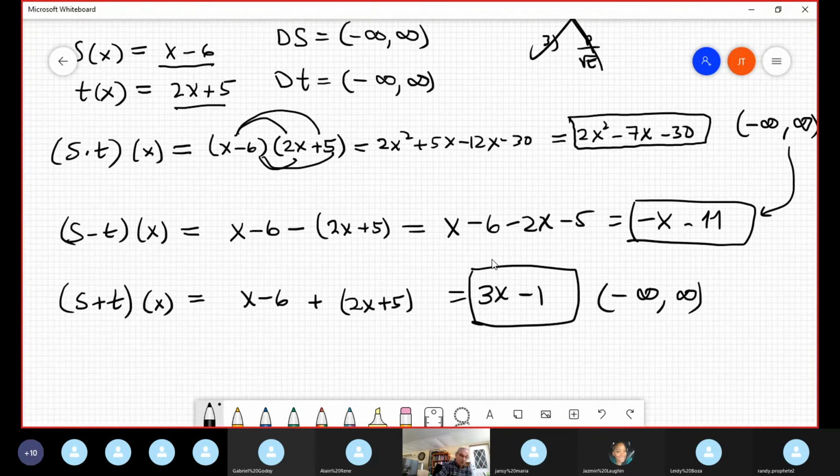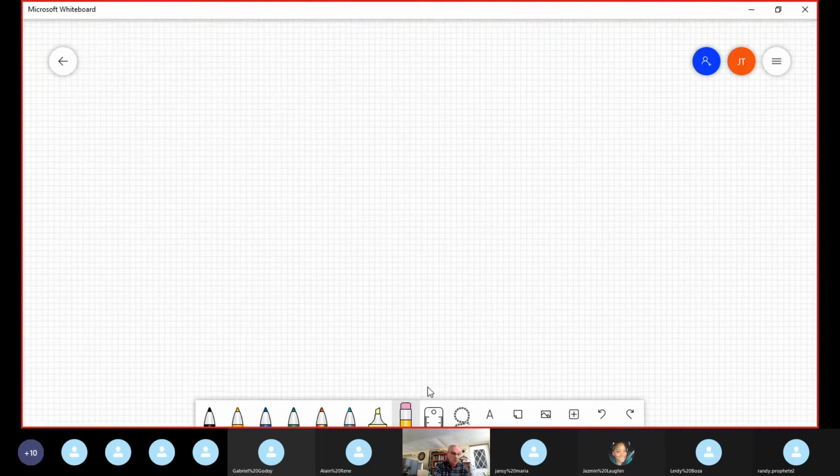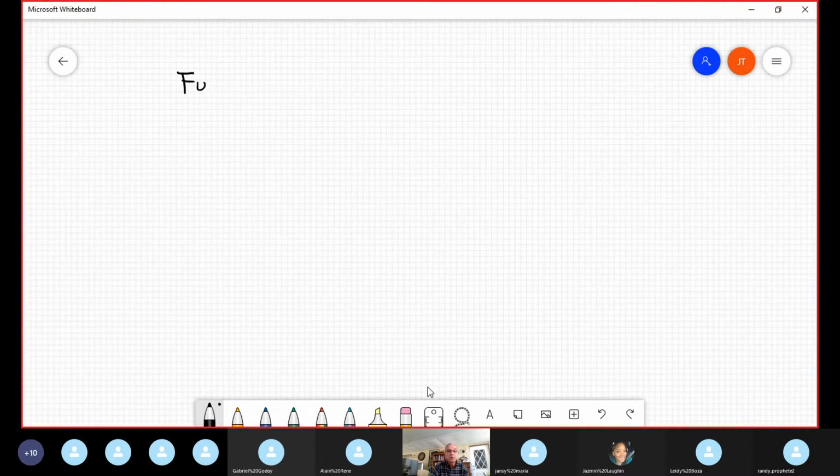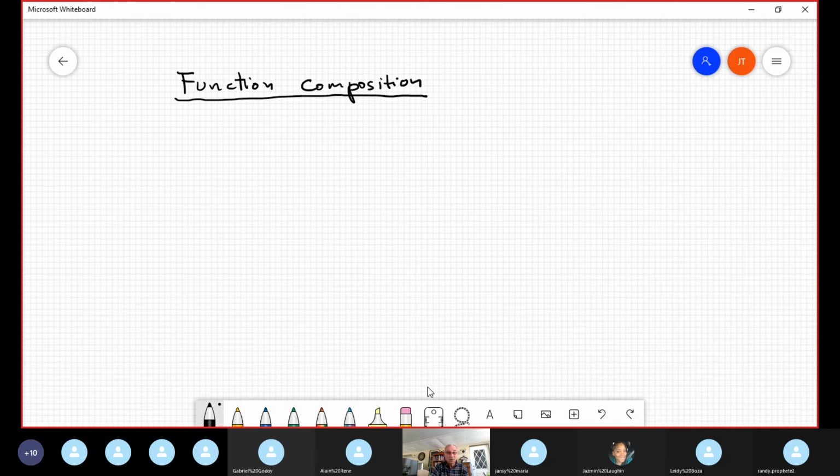Okay. Let me complicate this a little bit more, because it's too easy. Let me see composition. Function composition. Function composition is one way to combine two functions.